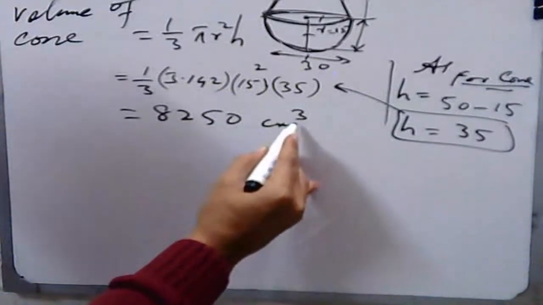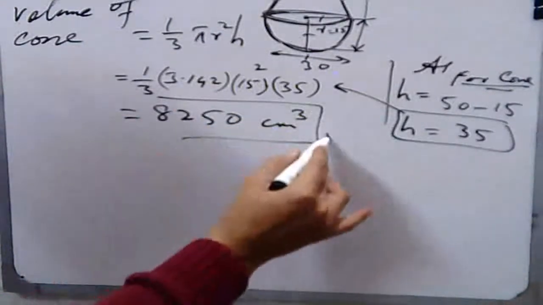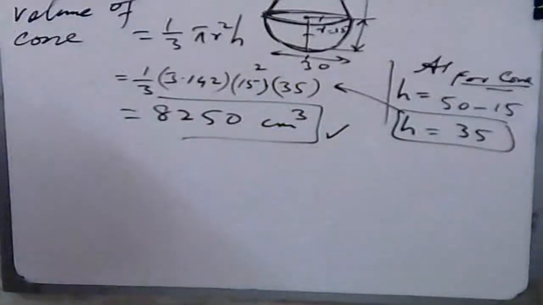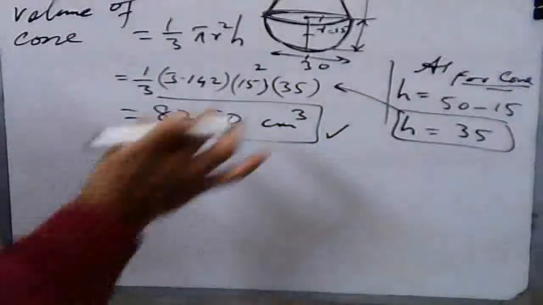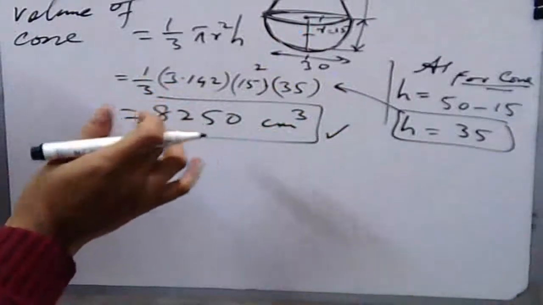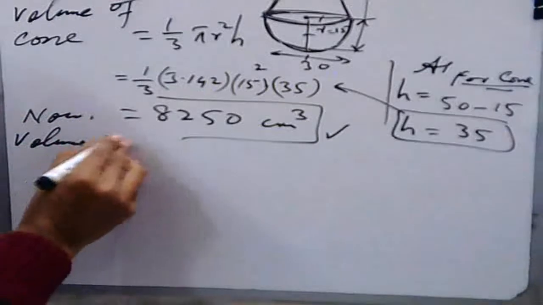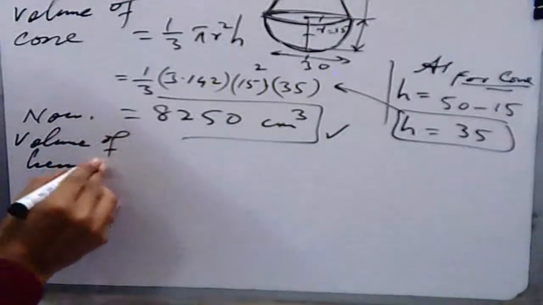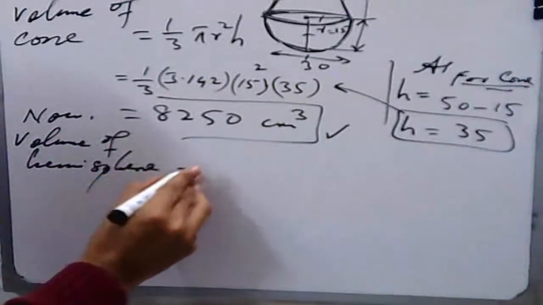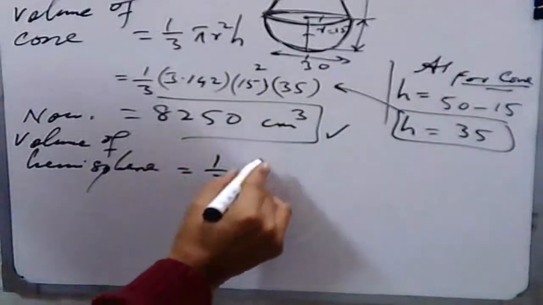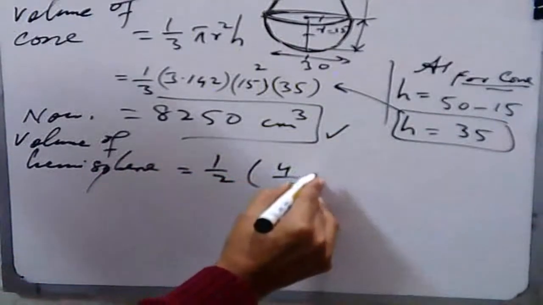Now we have to find the volume of a hemisphere. Volume of hemisphere is half of 4 by 3 pi r cube. So after simplification, 2 by 3 pi r cube.